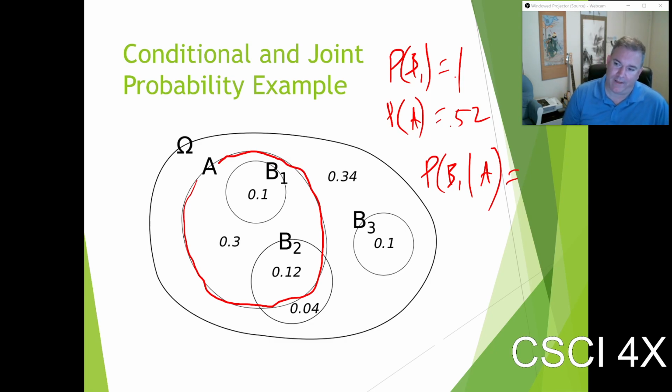What fraction of A is B1? Let's put it that way. If I were to color in the area of B1, of size 0.1, what percentage of 0.52 is that?